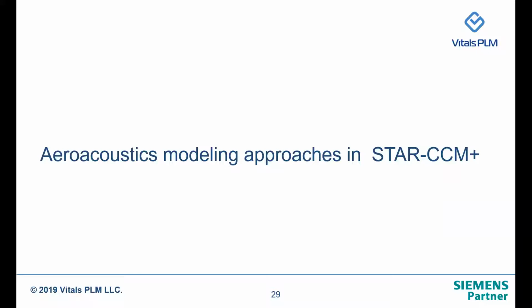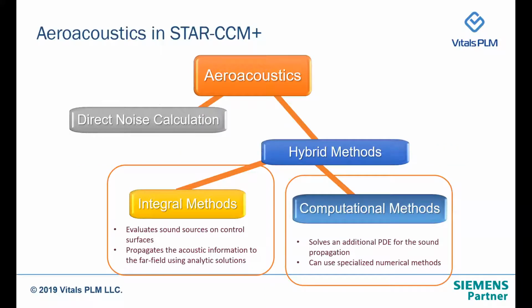The aeroacoustic modeling approaches in STAR-CCM+. In STAR-CCM+, the aeroacoustic analysis can be performed by two approaches. The first one is called direct noise calculation, and the second one is the hybrid method. And within the hybrid method, there is an integral method approach, and the other one is the computational method approach. The integral method approach evaluates the sound sources on the control surface.